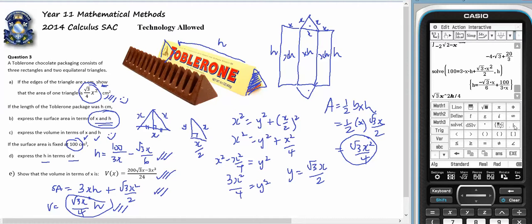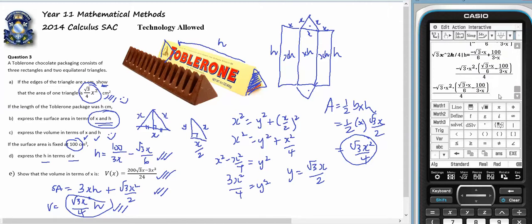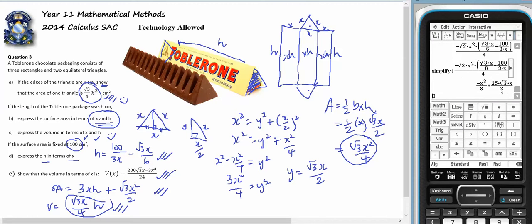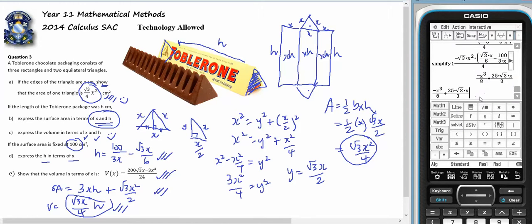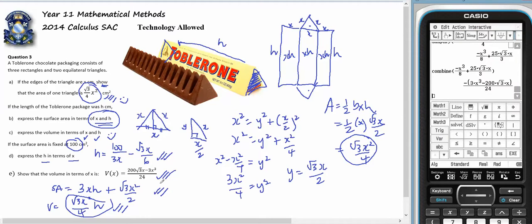Option 3, given h equals this, and that's got to be the same as this. So if I take it on a new line and go interactive, transform, simplify that, and then combine and put over the common denominator, there we go. That's the same as positive 200 root 3 x minus 3 x cubed on 24. That's exactly what that is.